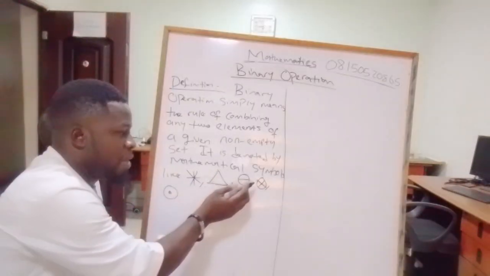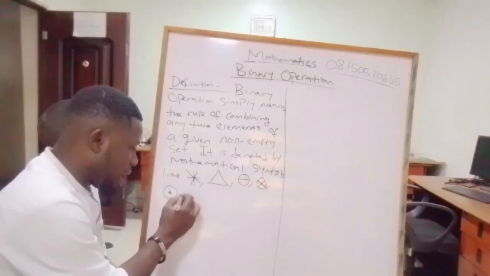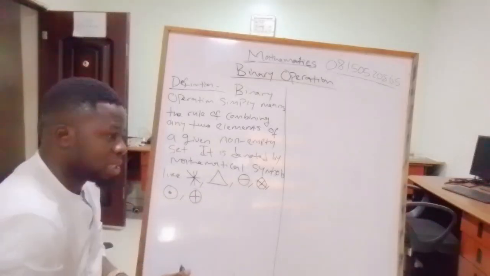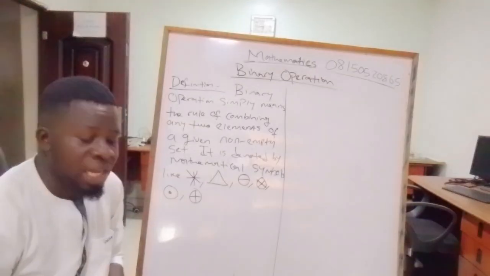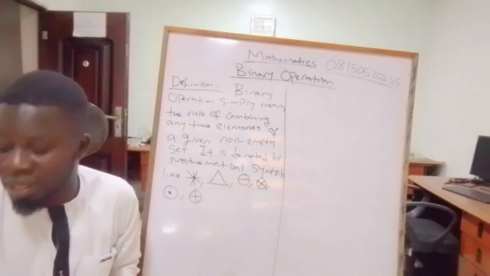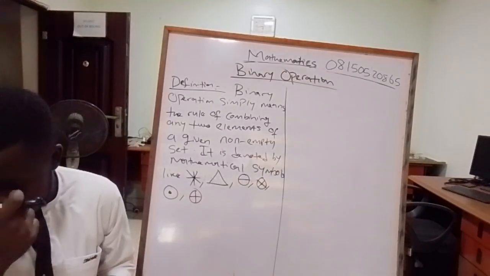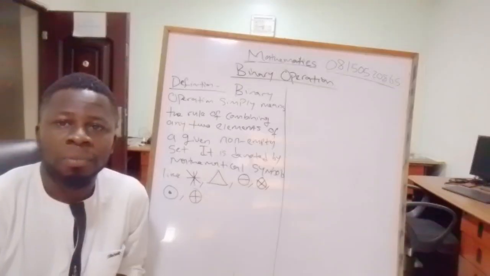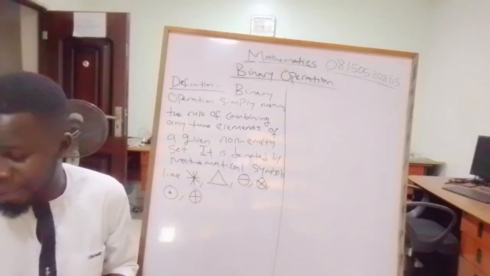So we've seen minus, multiplication. This one is still a dot. You can have a circle with plus inside it. You understand? So they are just symbols. They are symbolizing something, and every operation definitely means something. So now let's see how some of these operations are being done.